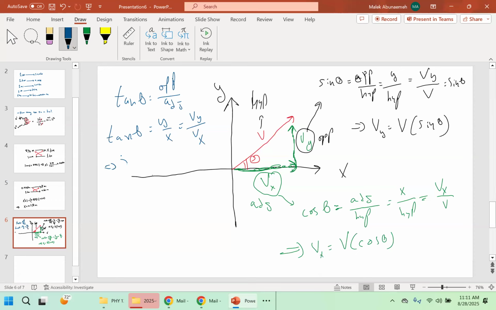That means the angle, we can say, is going to be inverse tan of Vy over Vx. Let me go ahead and write this better. So theta is going to equal inverse tan of Vy over Vx.